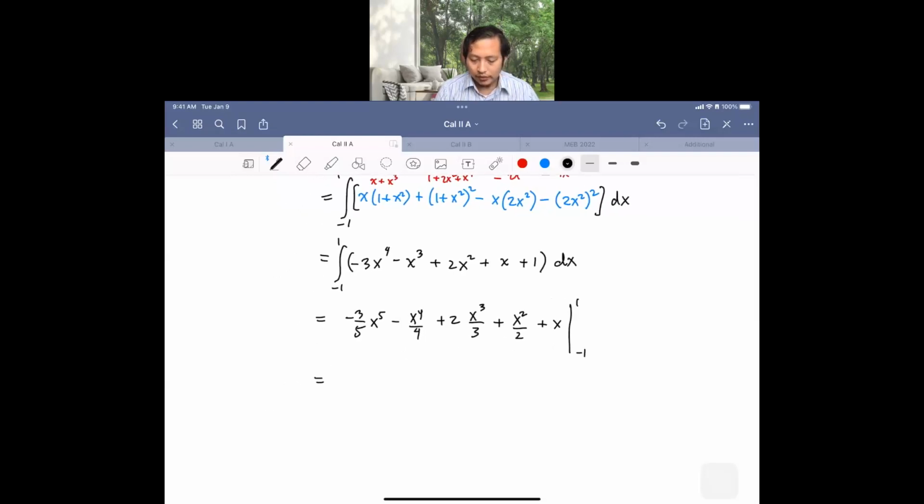And I think you can evaluate this, okay? And you can use a calculator if you want. I allow calculators for most of the part for integrations. It should be 32 over 15.